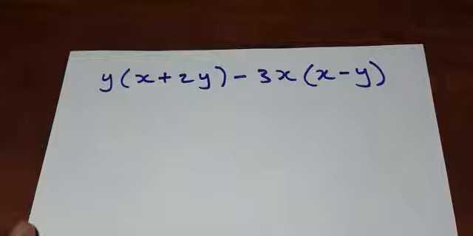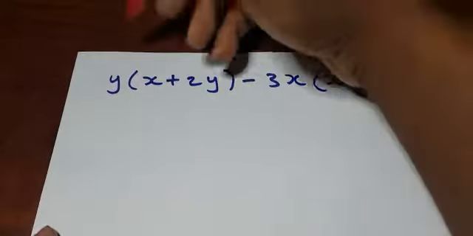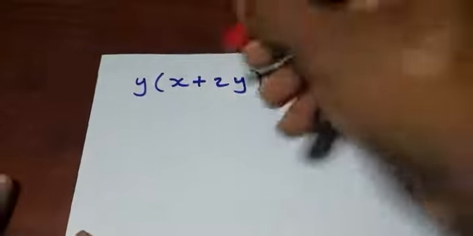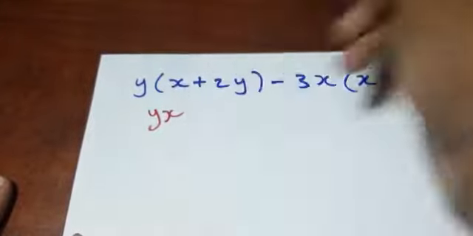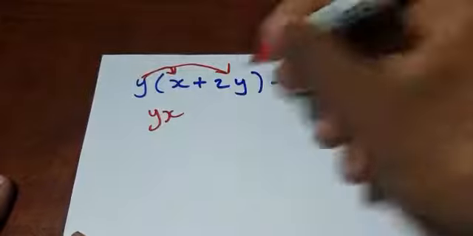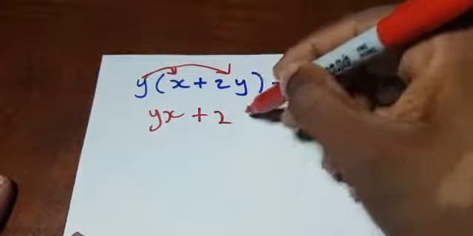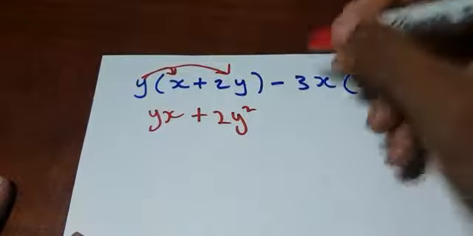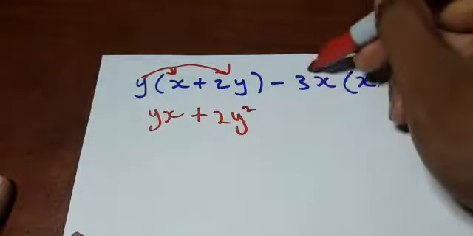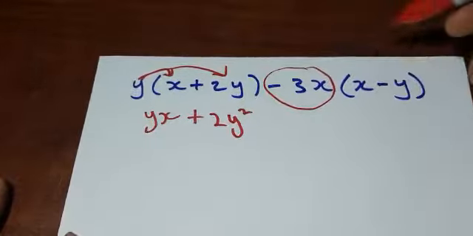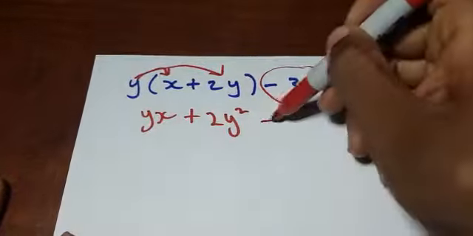So here's another example. This is y times x, yx, and then y times 2y, that's 2y squared. And then here we have minus 3x times x, that's minus 3x squared.